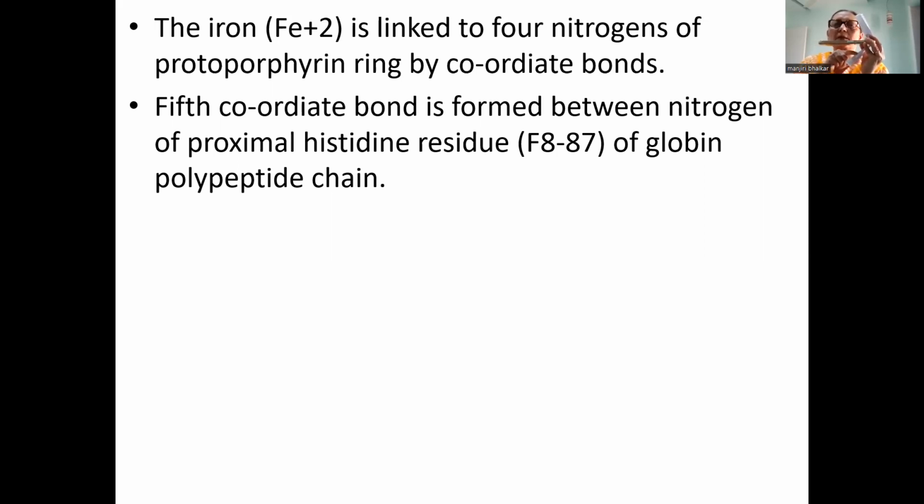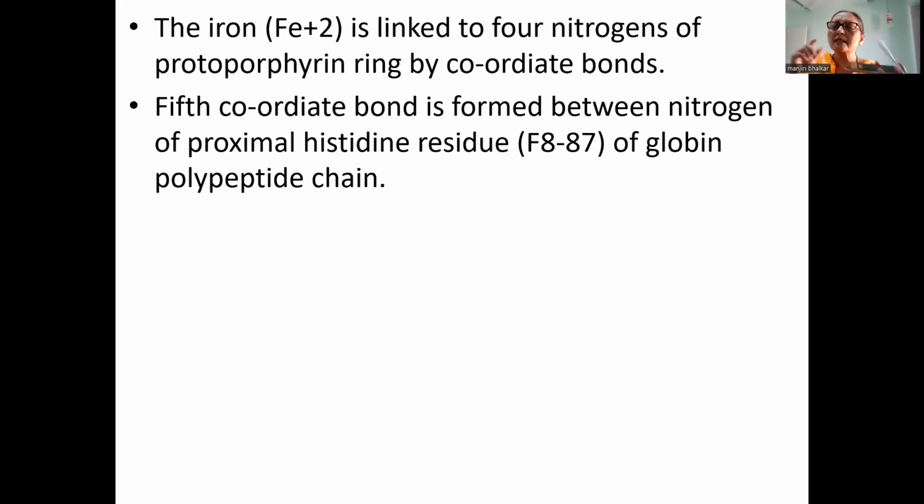This histidine is the 87th amino acid of the globin chain, and it forms a coordinate bond with the iron of the heme. So that is how the heme and globin chain are linked together. Is this clear? Right, so this is how the 5th coordinate bond is formed.